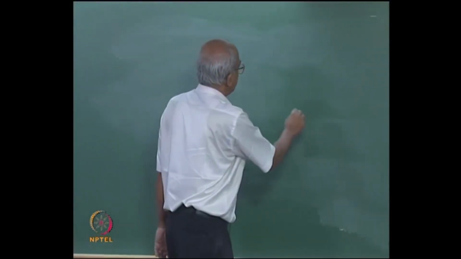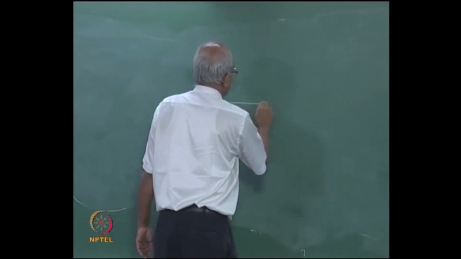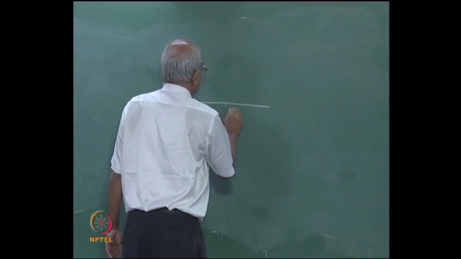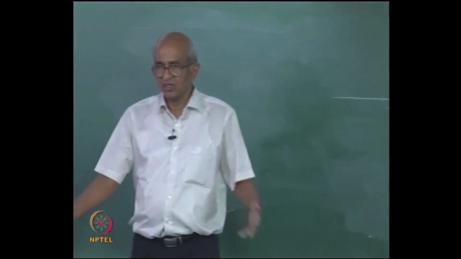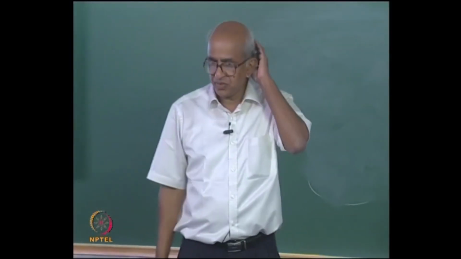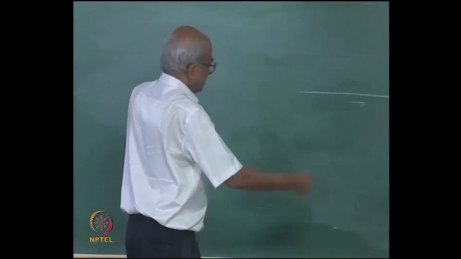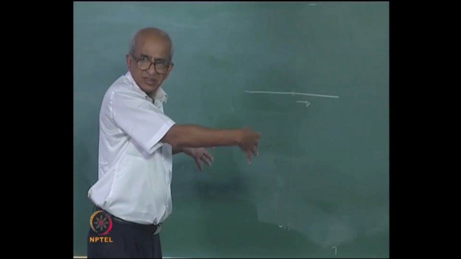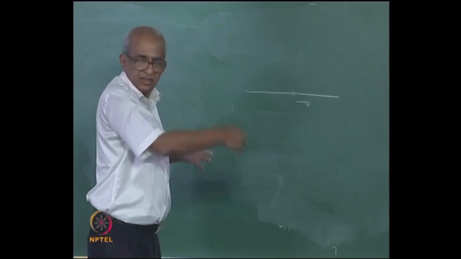I imagine that I have a particle which is moving in one dimension. And I shall further put the condition that it can move only in a certain length of that line.